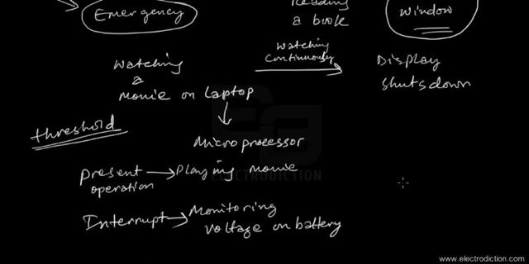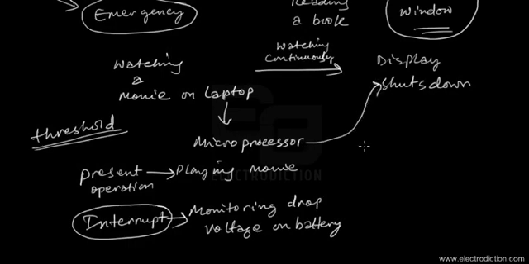So whenever the battery voltage drops, your microprocessor is interrupted. This is the interrupt that comes in. At that time it shuts your display down in order to prevent the laptop battery from getting damaged, or other functional problems from arising.